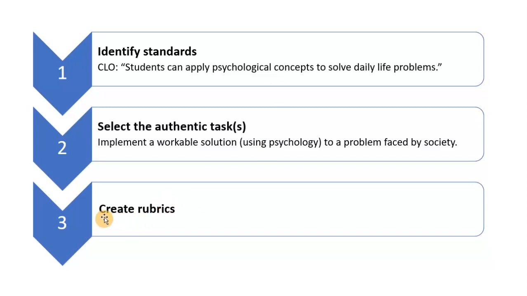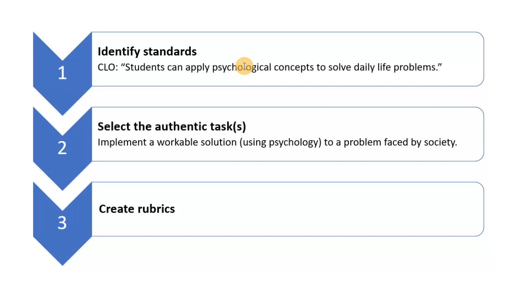And then after that, the lecturers would create rubrics on the relevance of their problem and the evidence that the problem exists, and then the quality of the solution, whether the solution really helps solve the problem, and also the CLO, which is very important, meaning the rubric also has elements of application of psychological knowledge, whether it is a correct application or not, and etc. So those are the elements in the rubric.